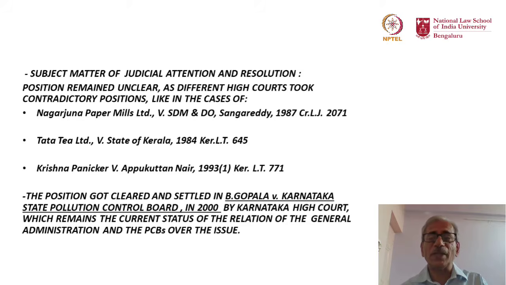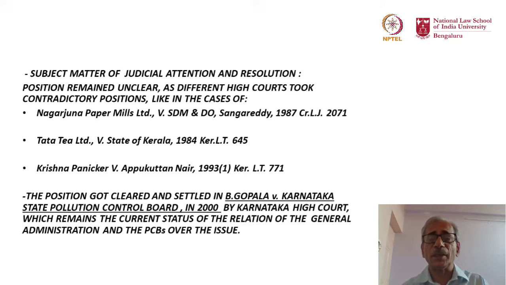The story gets a little complicated here, that when they are at it, there is already the Pollution Control Board, which is also getting into the scene here, because remember, these are the cases in 1980s. One is 1987, another 1984, third one 1993, and the fourth one in 2000. So this is after the making of the pollution control laws in India.